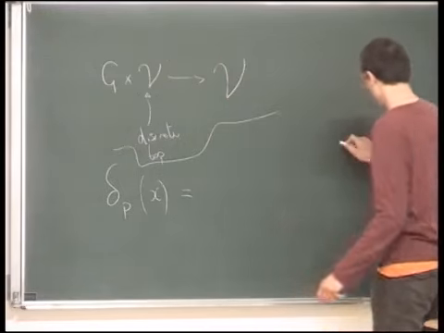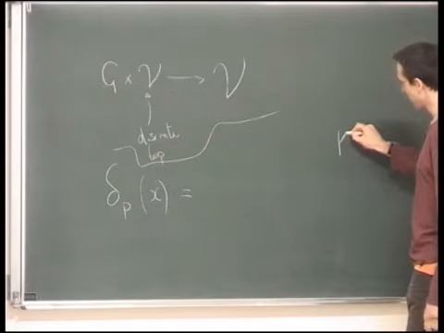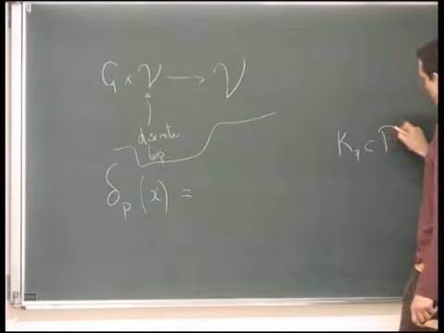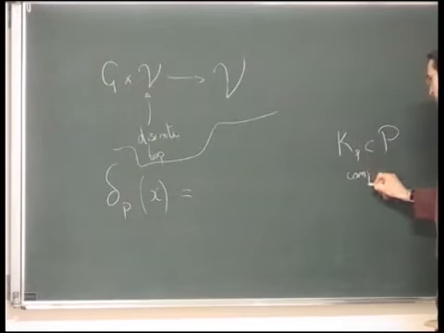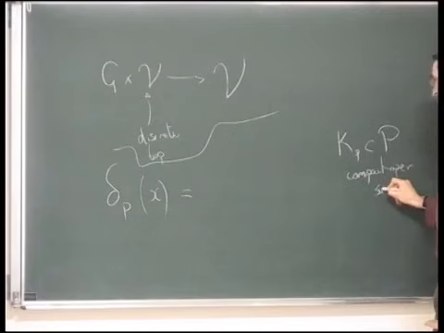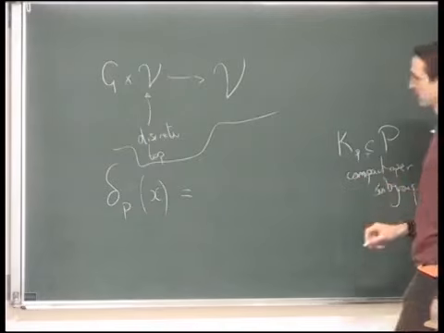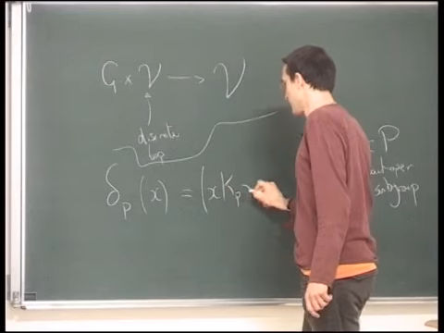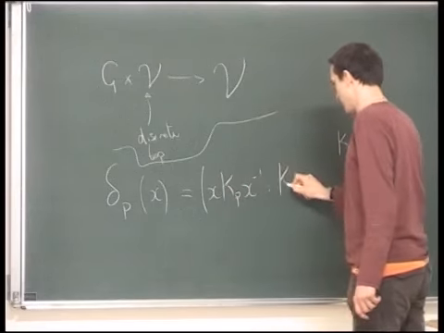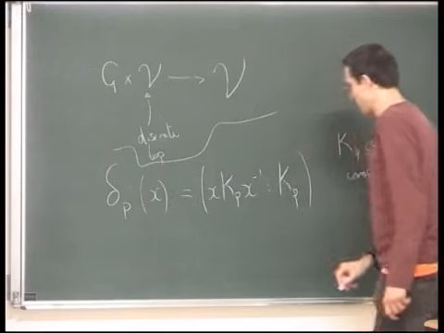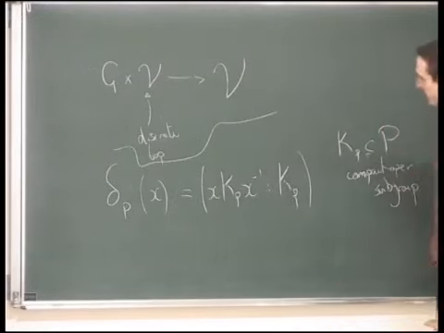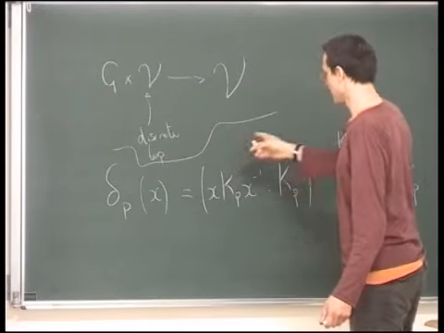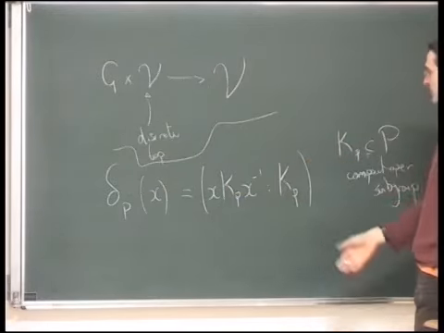So if K here is going to be a compact open subgroup of P, and this is the generalized index of conjugation. So it sees how conjugation changes the measure, how it affects the measure.